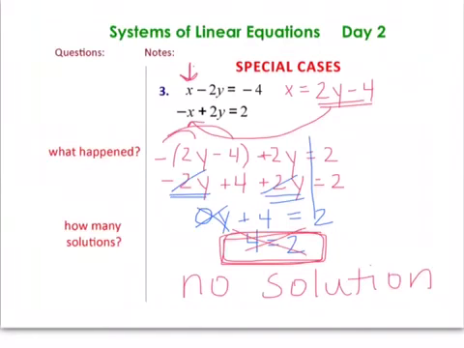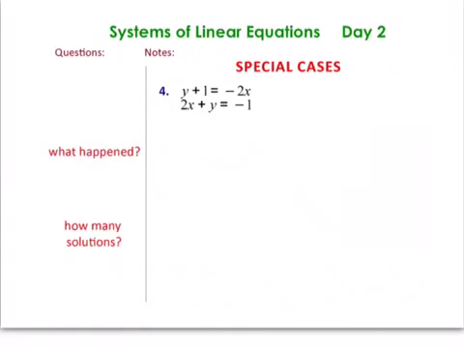So no solution happens if you end up with one of your variables canceling and a statement that's not true, like 4 equals 2. 4 will never equal 2, so I have no solution for this one. So this is a special case. How many solutions do I have? No solution.